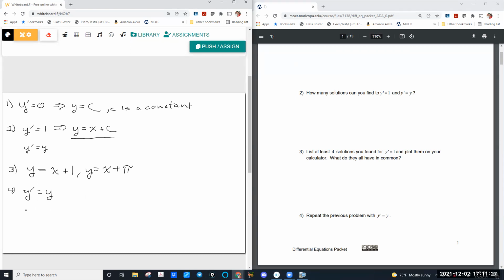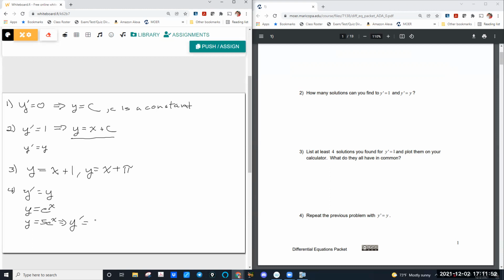Very nice. And that is that you actually gave a general solution there, Knight, which is great. So one example, our most basic example, would be y equals e to the x. But it turns out any constant times e to the x is its own derivative.